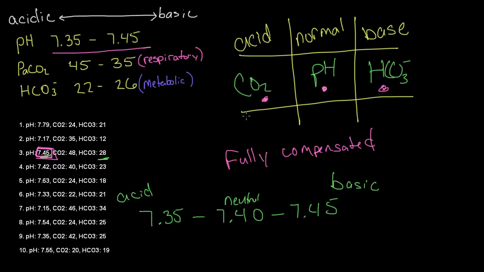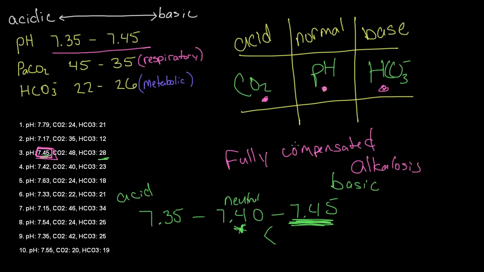So if the value is 7.4, then this will be a special condition that will be talked about a little bit later. So we need to look to see which side of the 7.4 our pH falls on. In this case, 7.45 is greater than 7.4, and so this means we have an alkalotic condition. So we are in alkalosis with full compensation.